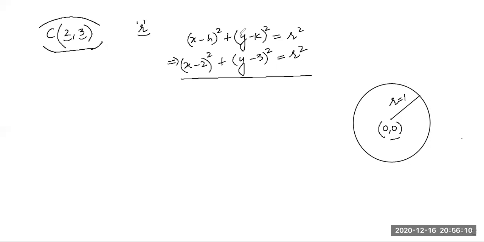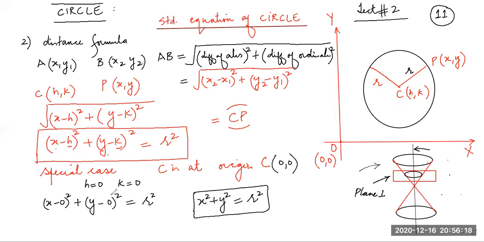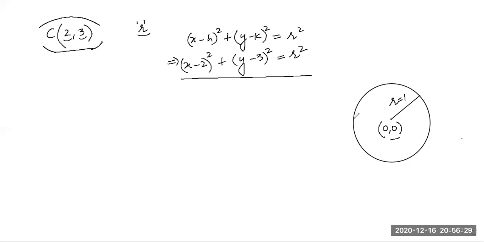Yes, girls. Can you tell? See this one? When we have just studied, when the center point is at origin 0, 0, the equation of circle is x square plus y square is equal to r square. Very simple. So Ishma, what will be the equation now? Center is at origin 0, 0.